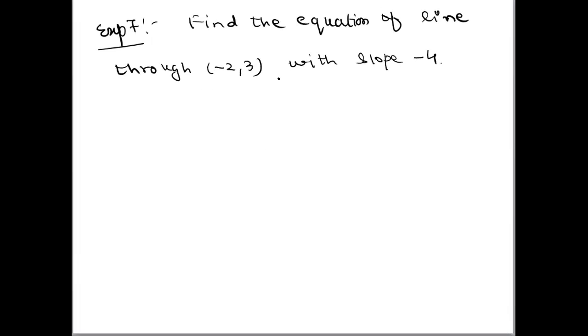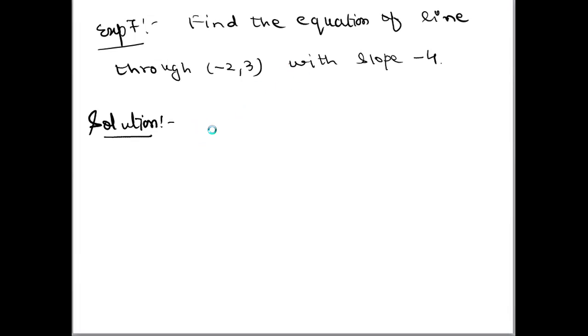Now what you have been given is a point and a slope. So this is a question related to point slope form, right? एक आपको point दिया हुआ है, एक आपको slope दी हुई है. You have to find the equation of line.